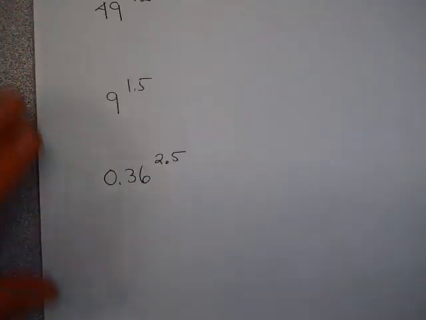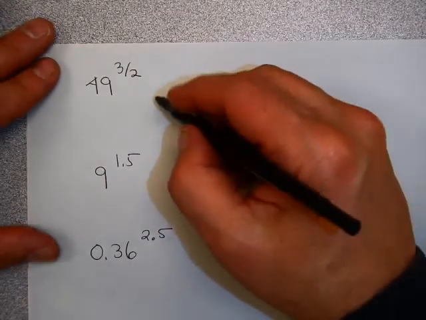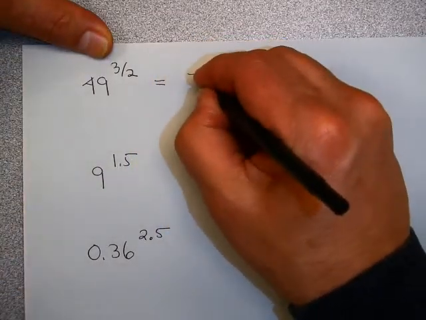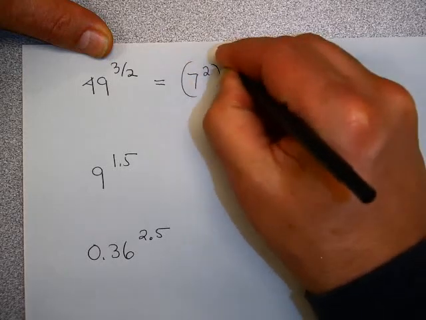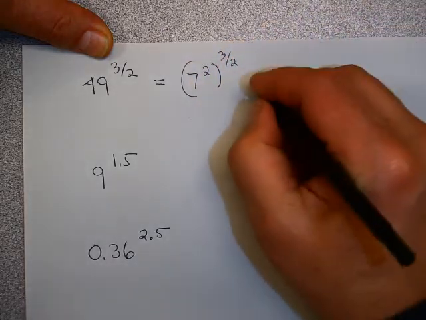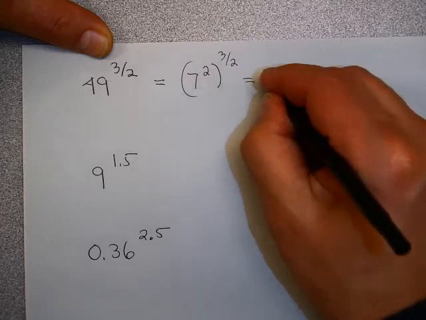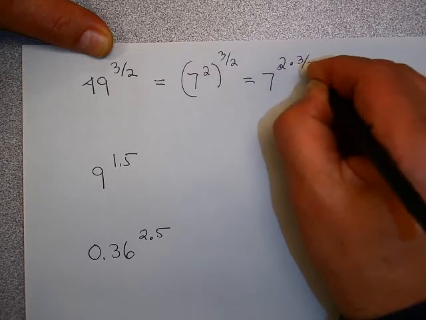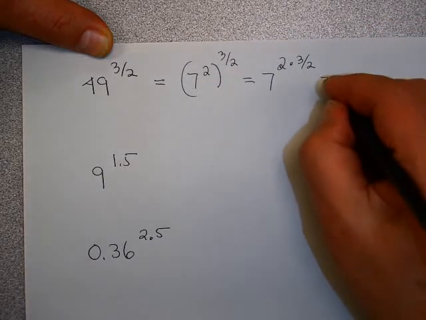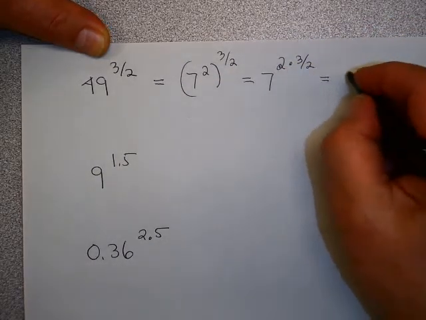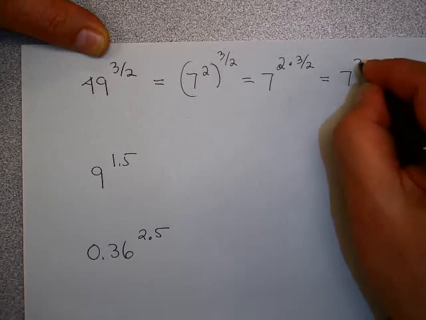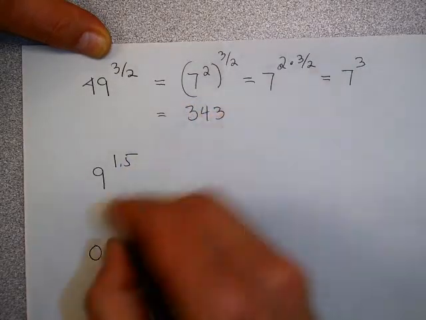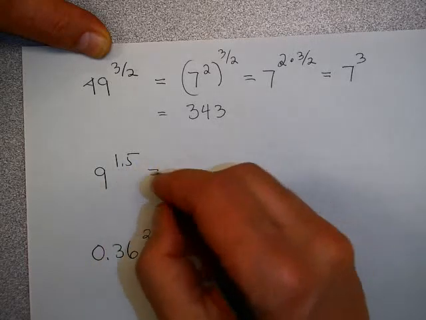Now, let's talk about 49 to the 3/2. I could think about 49 to the 3/2 as 7 squared to the 3/2, which is 7 to the 2 times 3/2, using that law of exponents, and that gives me 7 to the 6/2, or 7 cubed, and 7 cubed equals 343. 9 to the 1.5.